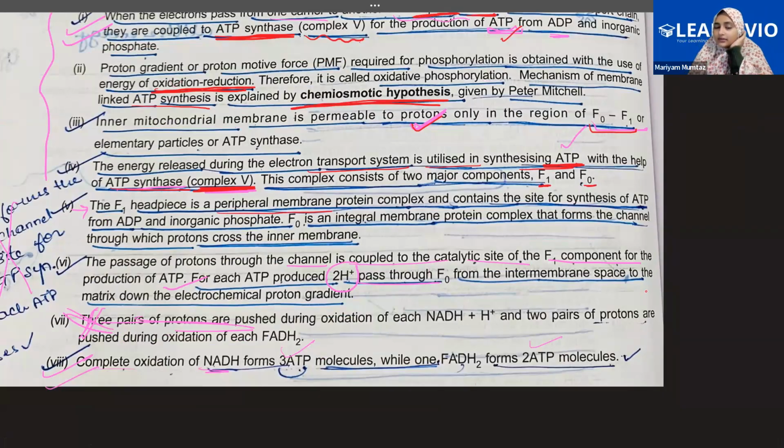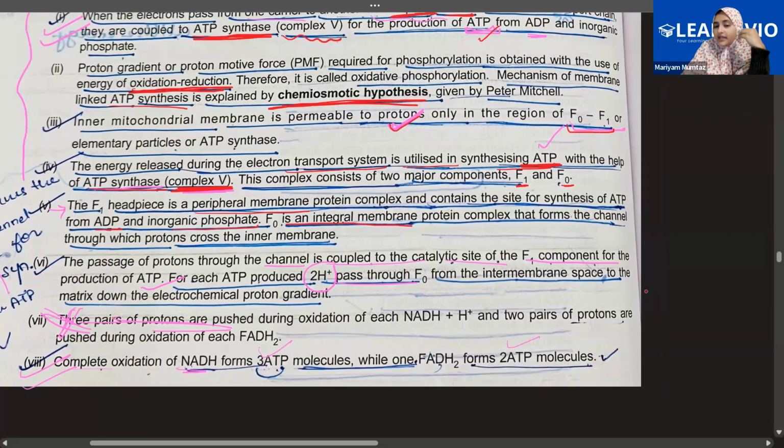Clear? Now, the F1 contains the site for the synthesis of ATP from ADP and inorganic phosphate, whereas the F0, which is towards the inner side, is the integral membrane protein.